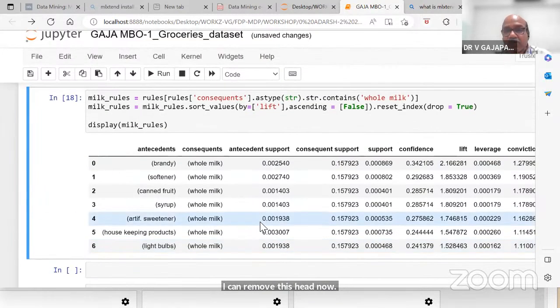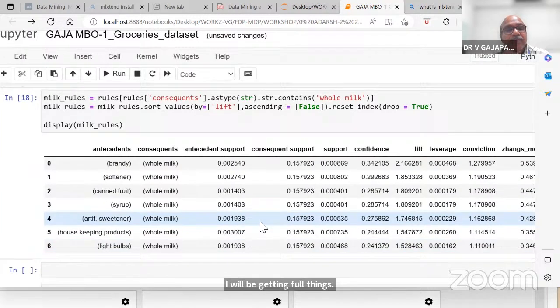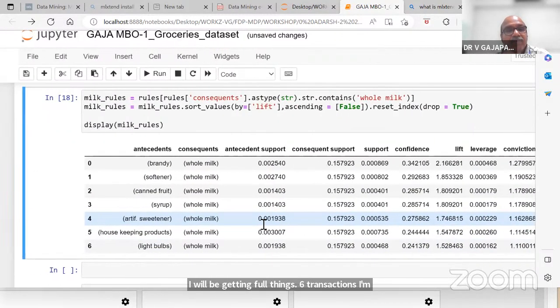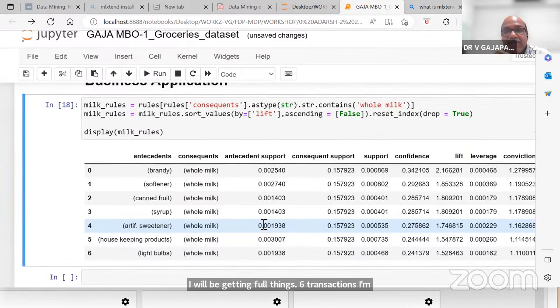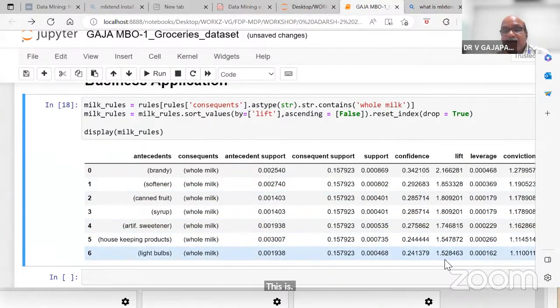You see now, I will be getting full things. 6 transactions are showing. Lift is 1.5, 1.5. Why is 7 not there? In the index 0, 1, 2, 3, 4, 5, 6. Why is 7 not there? Anybody please?